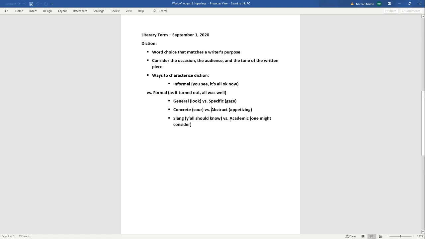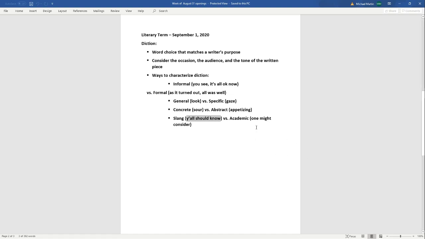Now, slang versus academic. Y'all should know versus one might consider. If I'm talking to you guys trying to teach you a lesson, I probably would say y'all should know, because that puts me down onto the common speak, and it's easier to transmit your message without making people give you a double look like, what did you just say?